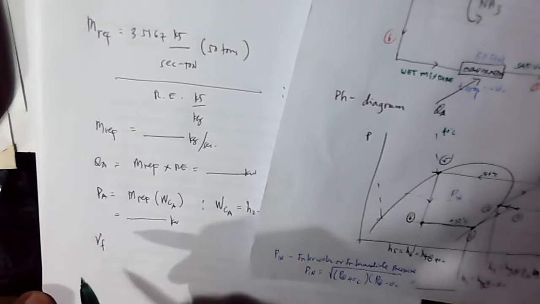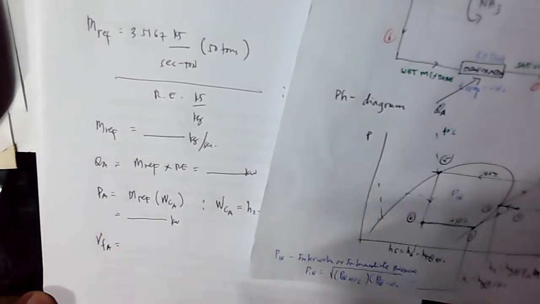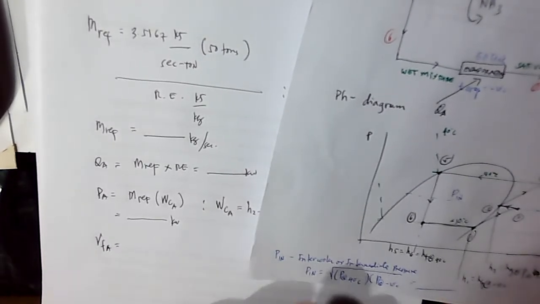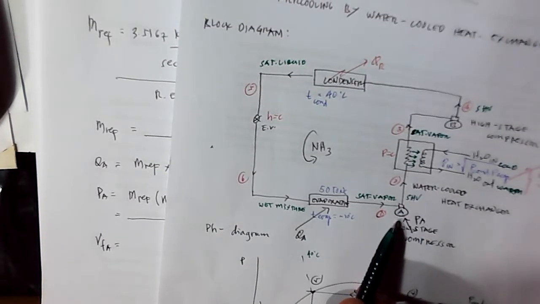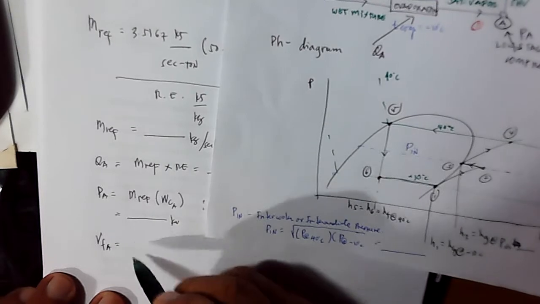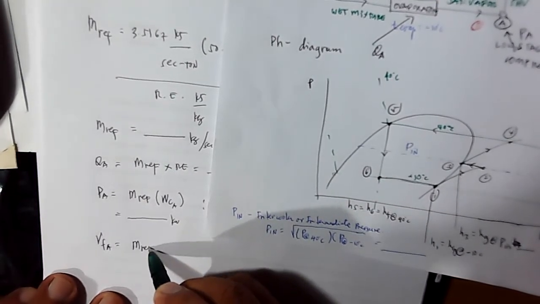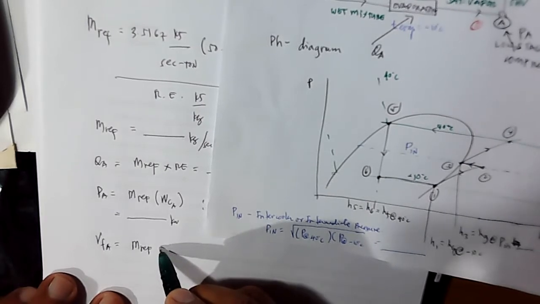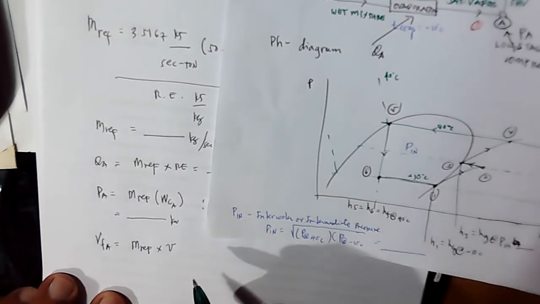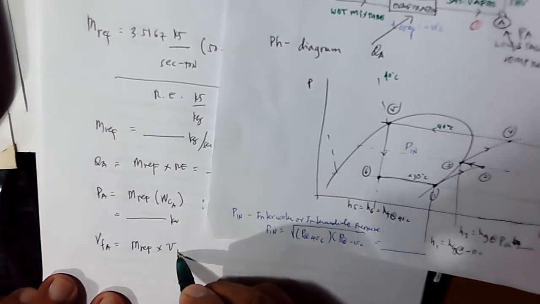We have also V flow at compressor A, and the mass of refrigerant entering there is also the mass rate. Multiply that by specific volume at point 1.